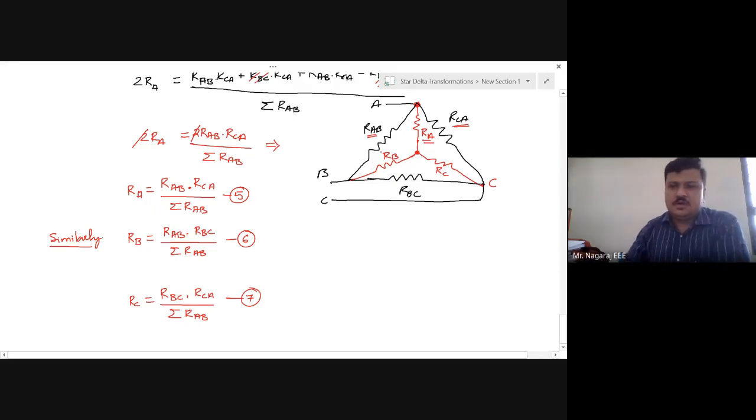So if I want the equivalent star connection from the delta connection, it is very simple. Any terminal resistance I want is nothing but the product of the two delta connected resistances at that terminal divided by the sum of all the delta connected resistances.